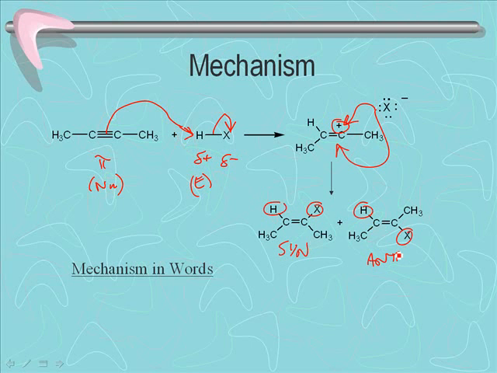And we could do the mechanisms in words just like we did on the previous slide, because it's identically the same set of steps. The same arguments apply here for the regiochemistry, applying Markovnikov's rule, because the more substituted vinyl carbocation is going to be the more stable vinyl carbocation.